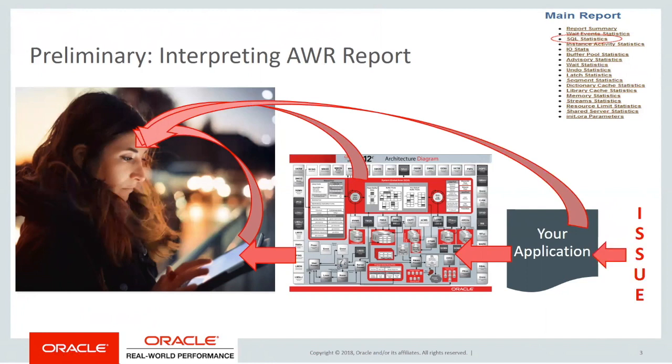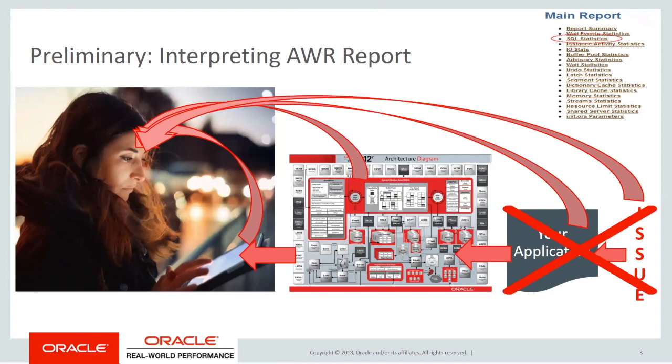Finally, often you're looking at an AWR report because your application obviously has some kind of performance issue. You've generated an AWR report to diagnose this performance issue. Knowledge about the issue is certainly helpful also when looking at an AWR report.